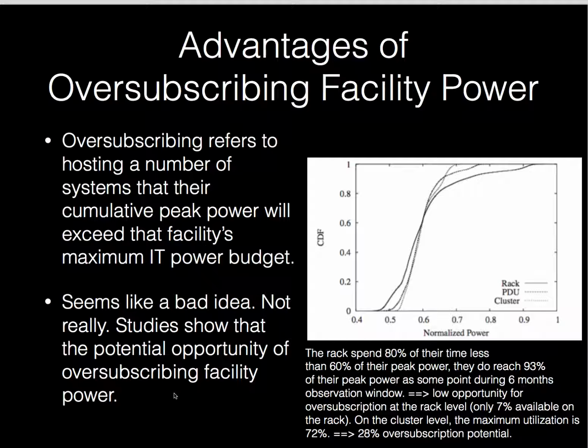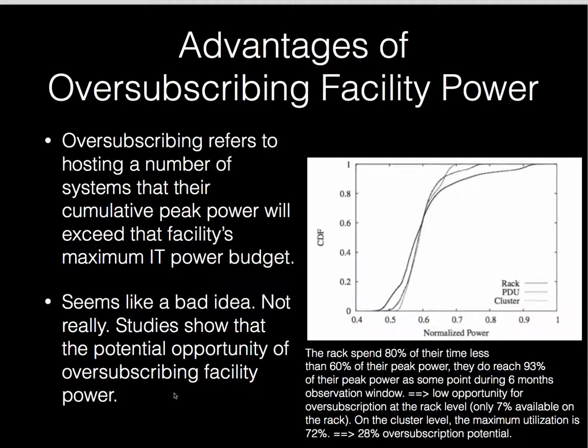Okay, and this is the CDF, a function of the normalized power, and you can see that it's correlated, although there is an 80% deviation. Okay, an 80%, an oversubscription of power of 20%.